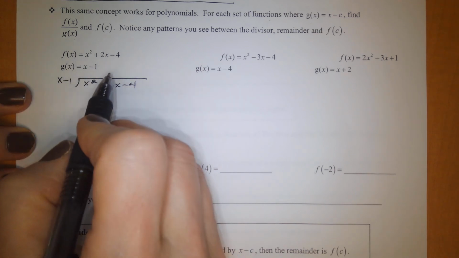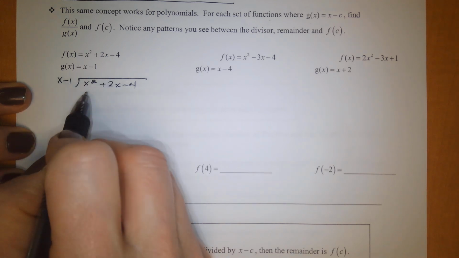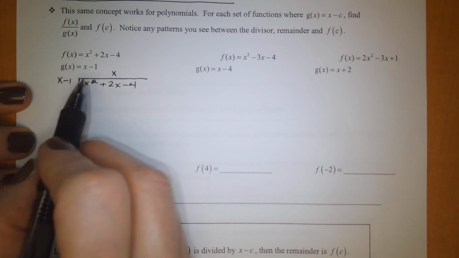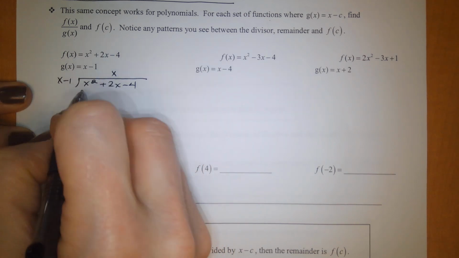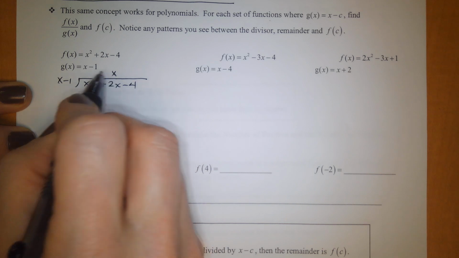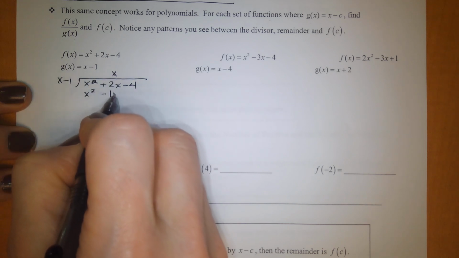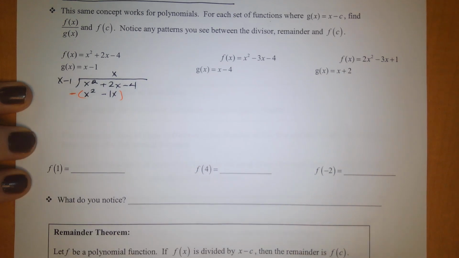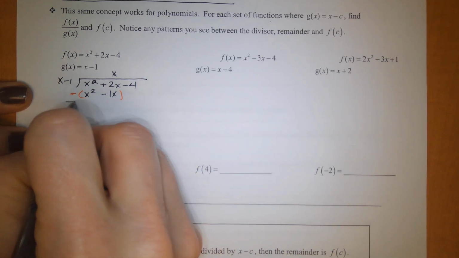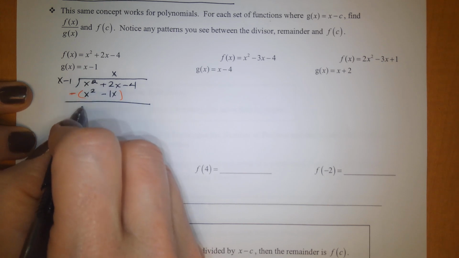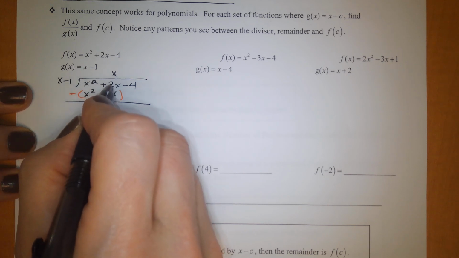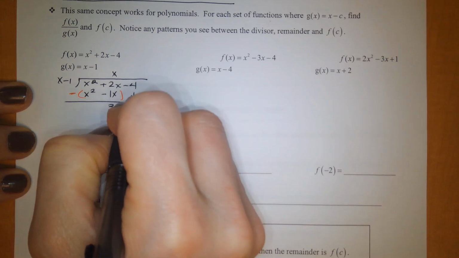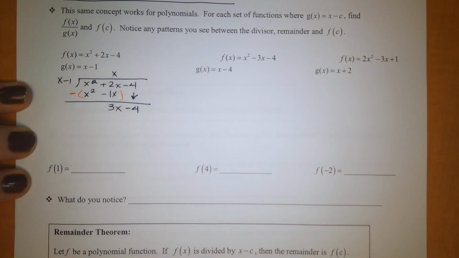So when we divide, we look for x and we divide that into x squared. I'm going to get x as a quotient. X times x is x squared. X times negative 1 is negative 1x. Then I subtract this whole value. When I subtract, the first terms go away, and then I just have 2 minus negative 1, which is 3x, and then I bring down the negative 4.